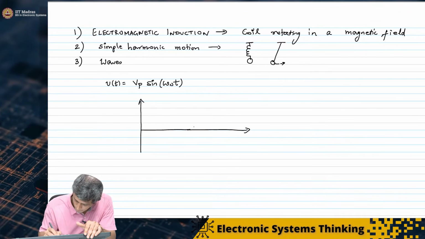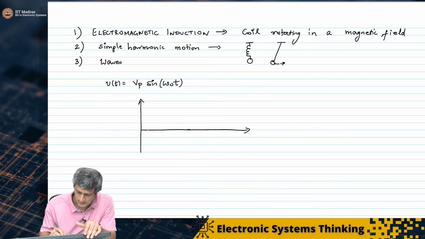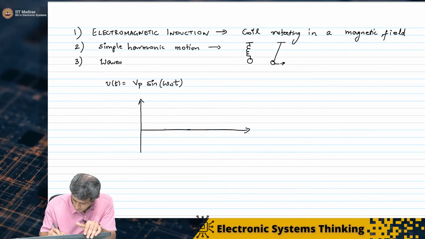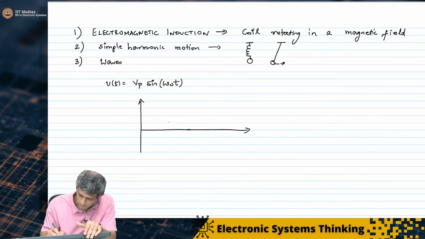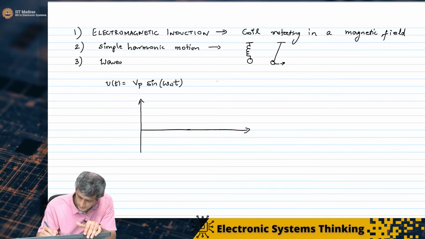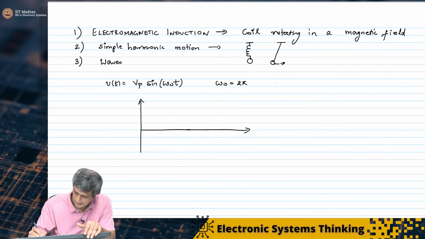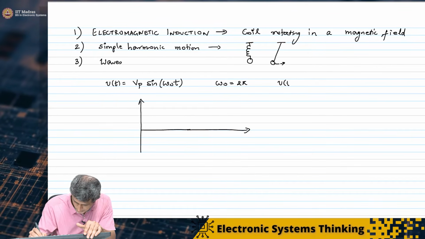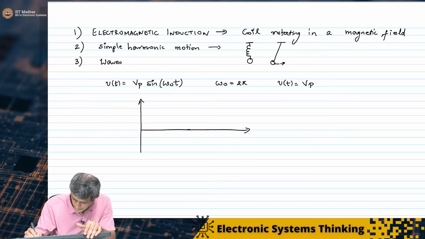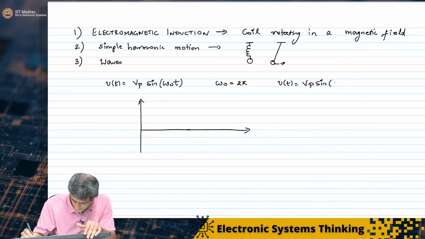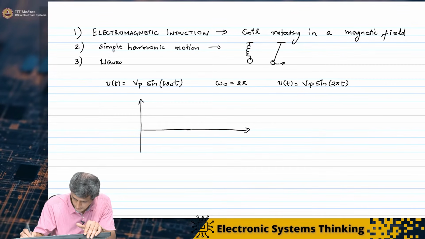Okay, so I am also going to assume omega naught is equal to 2 pi. So I am actually going to look at the simplest case, Vp sine of 2 pi t.